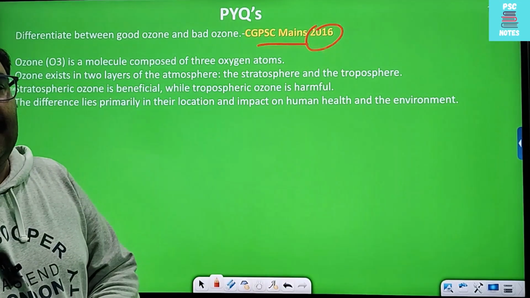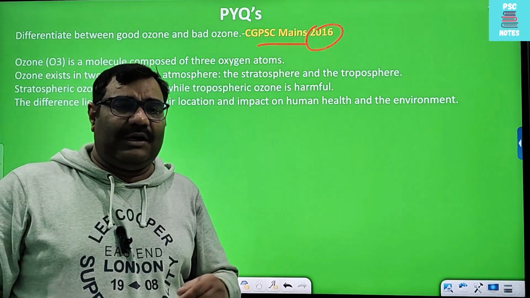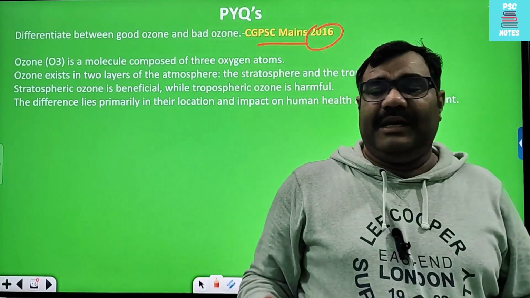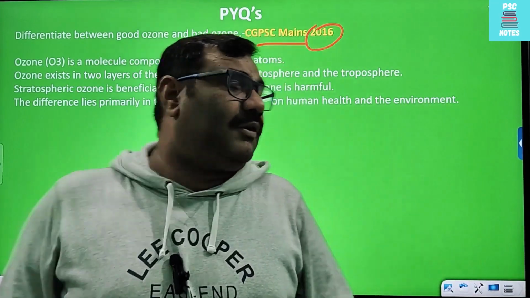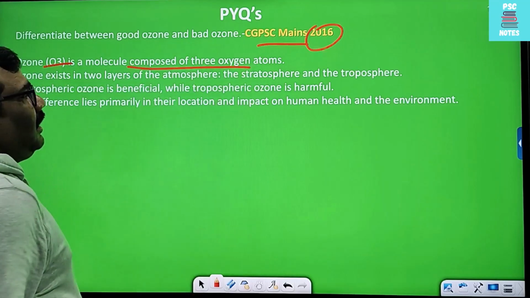It is regarding differentiating between good ozone and bad ozone. We have already covered this. The bad ozone is the tropospheric ozone, and it is found in the troposphere from 0 to 10 kilometers.